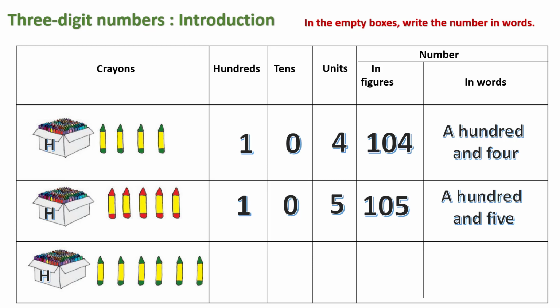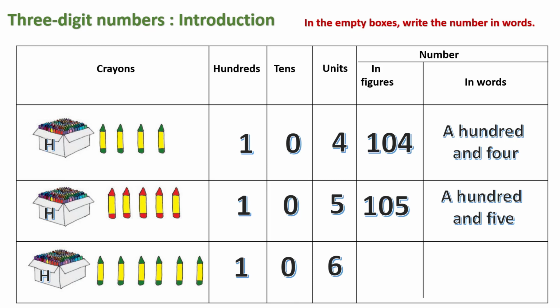Here it is in hundreds box we write down 1. In tens box here it is nothing tens, so we write down 0, and units place here it is 6 units, so we write down 6.